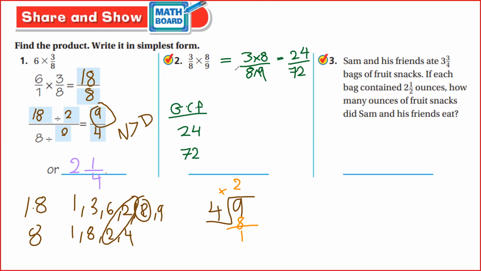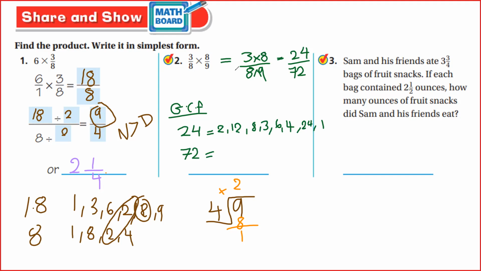Now, what are the factors of 24? For 24, we have 1, 2 and 12, 8 and 3, 6 and 4, and 24 and 1. For 72, what are the factors?